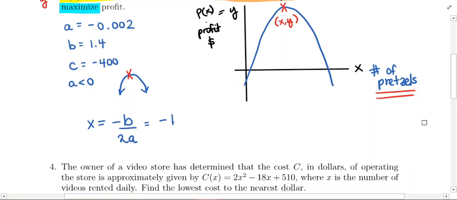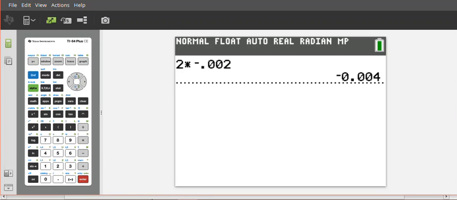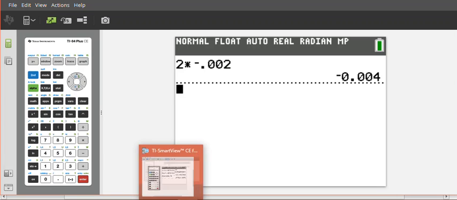This is going to be negative 1.4, that's negative b, over 2 times a. A is negative 0.002. Let's pop this into the calculator. I'll look at the denominator first. The denominator is 2 times negative 0.002. That's going to be negative 0.004.